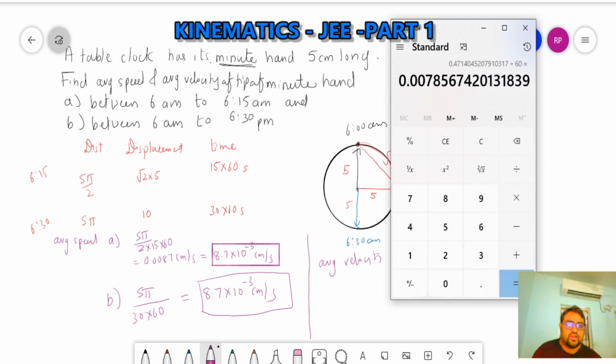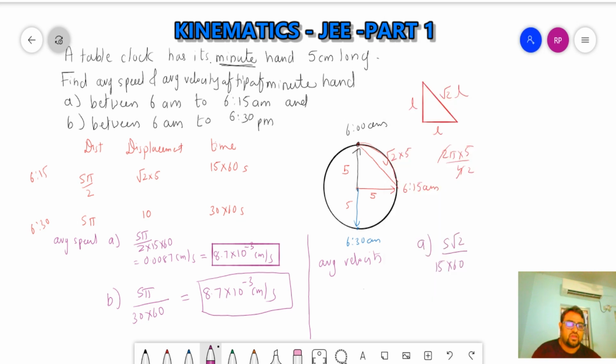So this is 0.0078. Okay, let me confirm once again. It's 0.0078, centimeter per second. So this will be equal to 7.8 into 10 raised to minus 3 centimeter per second.